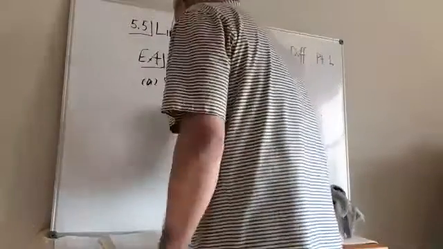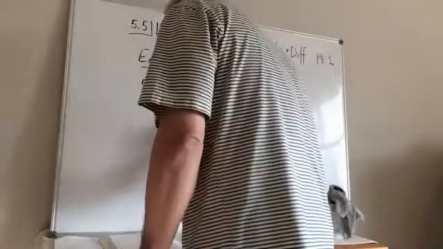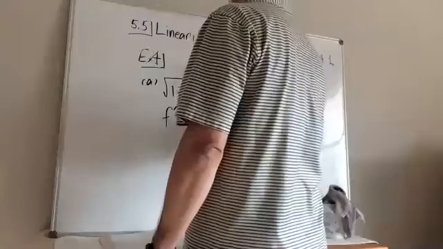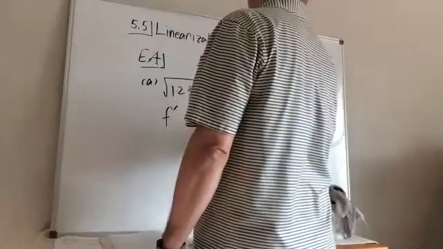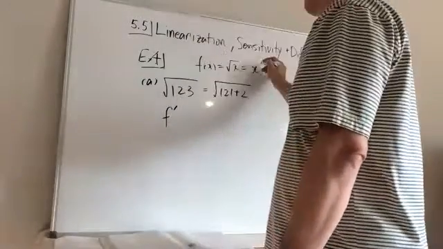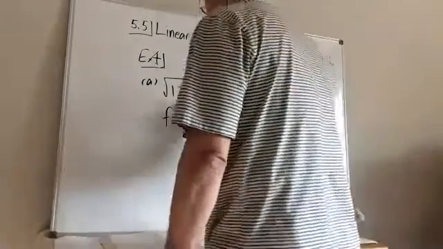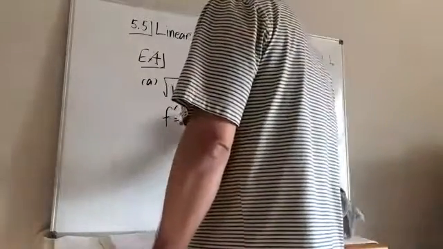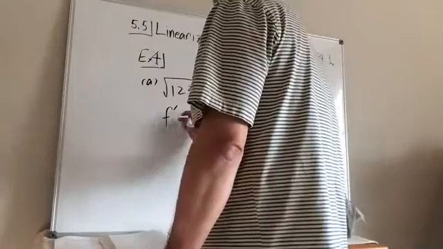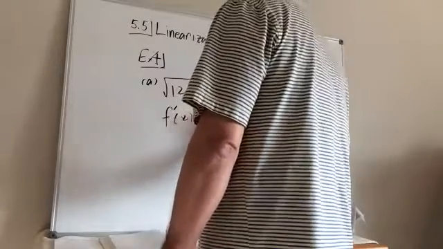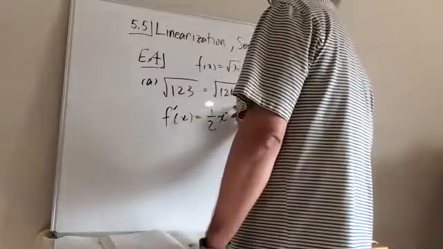So if I do f prime here, my f of x is equal to what? f of x is equal to the square root of x, x to the 1/2, right? So f prime of x is equal to 1/2 x to the negative 1/2.